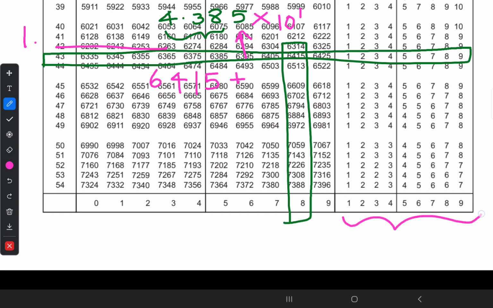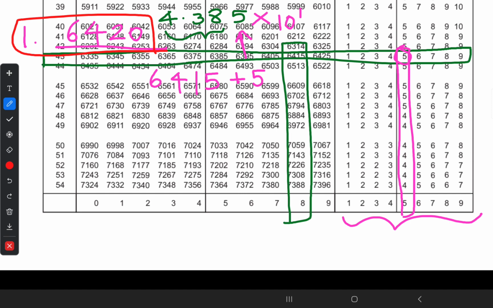In mean difference, you should identify in same row the fifth value, that is 5. So with the pre-existing value, we need to add 5. That will give you 6420. So the logarithmic respective value for 4.385 multiplied with 10 to the power of 1 would be 1.6420. We will keep this number, so we need to substitute in our calculations.